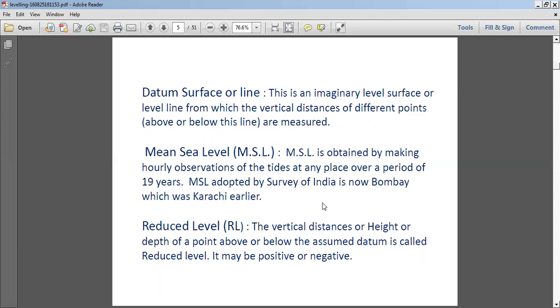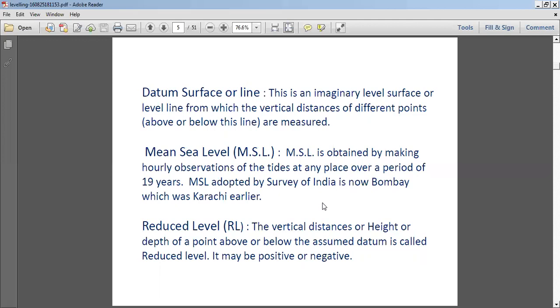The height of the staff may be 3 meter or 4 meter, depending upon the situation. 4 meter is generally used where there are a huge amount of hills or valleys, so we need more height for measurement of vertical distance.